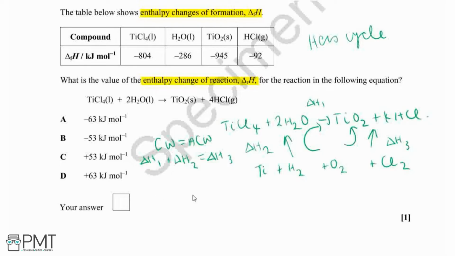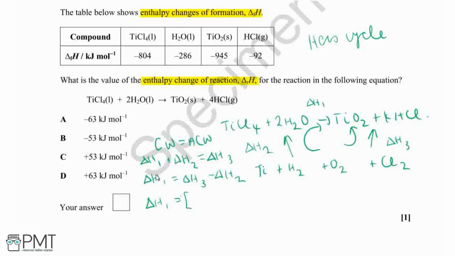So we started to form our equation now, and we can work out enthalpy changes 2 and 3 from our table, and we use this to work out what enthalpy change 1 is, our enthalpy change of reaction. So therefore we can rearrange our equation for our enthalpy change 1. So now let's start to plug in some numbers from the table.